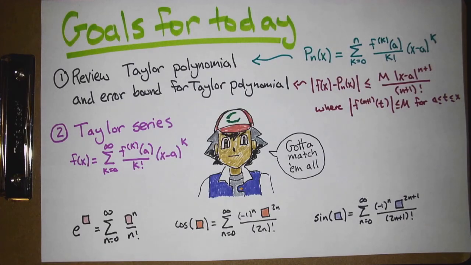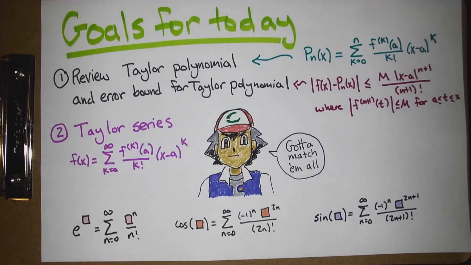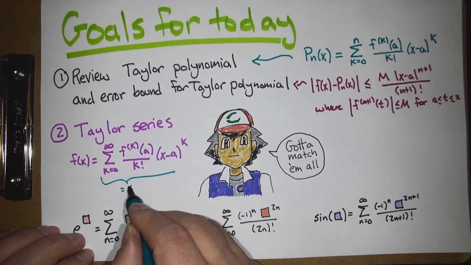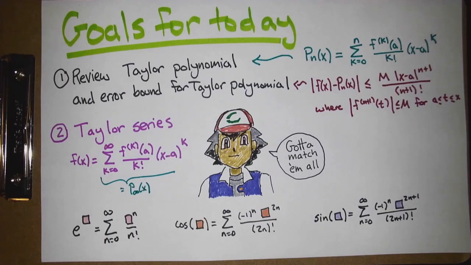Go all the way. And that's the idea of Taylor series. So we're going to say a Taylor series is where you don't stop at n. You go all the way up to infinity. So another way to think of a Taylor series is like p infinity of x. It's that Taylor polynomial, but just taken all the way.